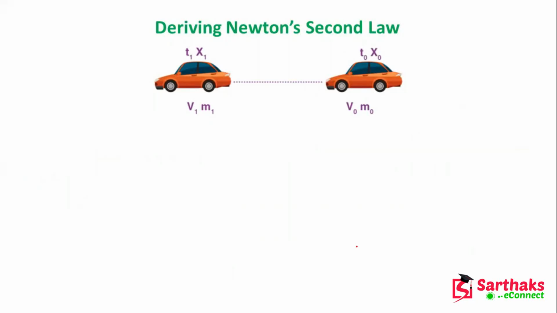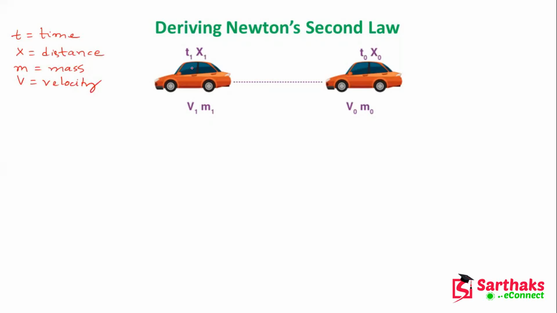Here we can see this figure, where we will derive Newton's second law of motion. Here you can see the car, where t is the time, x is the distance, m is denoted by mass, and v is denoted by velocity.